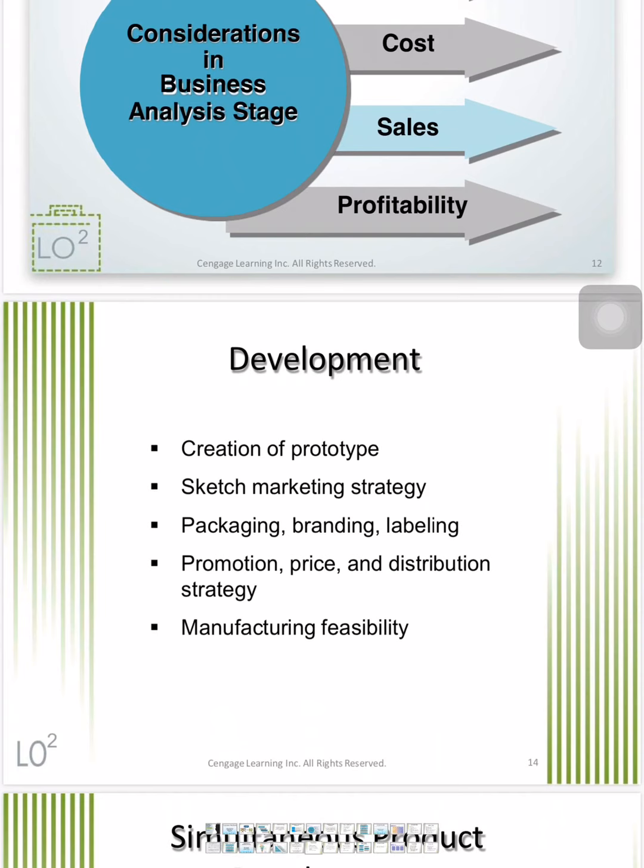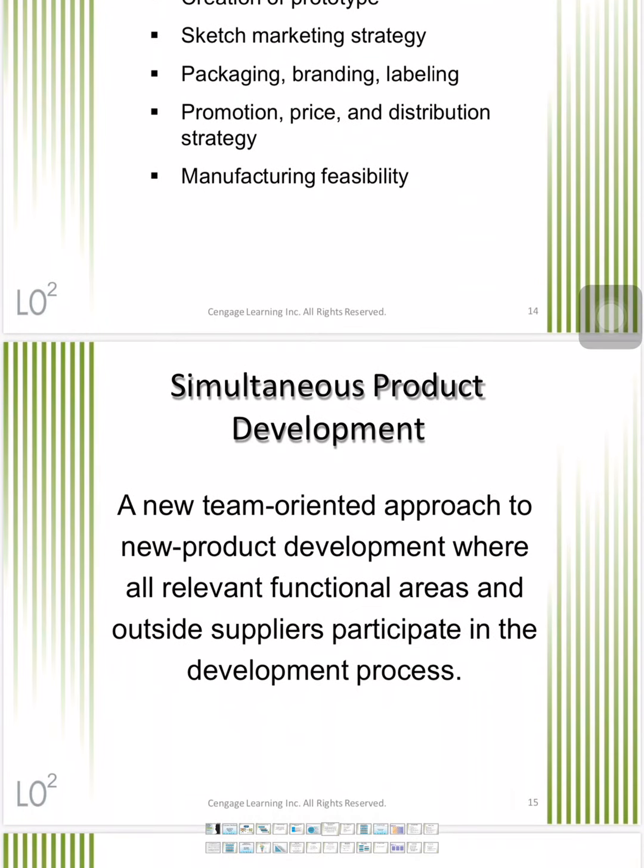That's why they have to sketch the marketing strategy in terms of packaging, branding, labeling, promotions, which is the salespeople, and manufacturing feasibility, which is the production area. They have to work in a group for the stage of development.